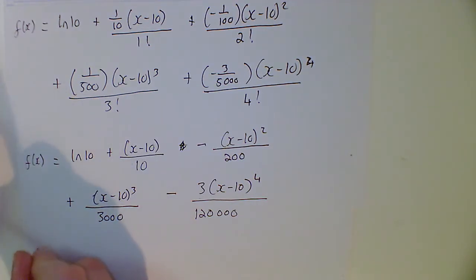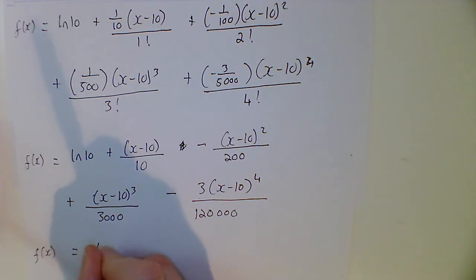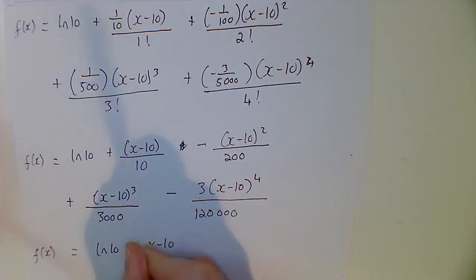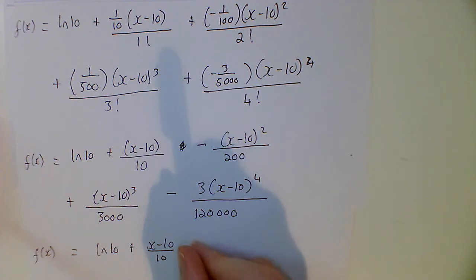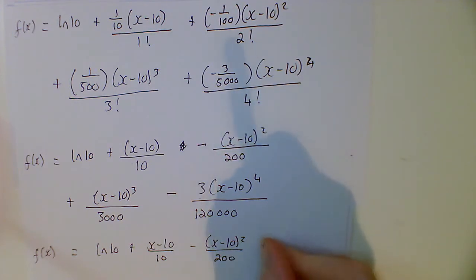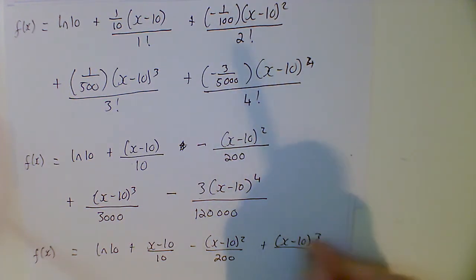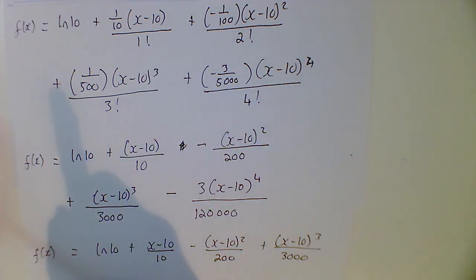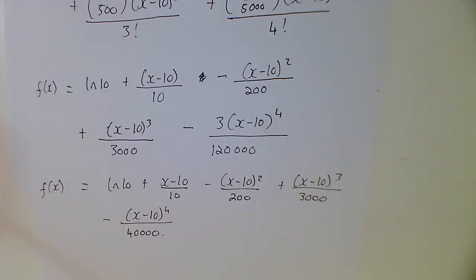And then just check and see if you can simplify those fractions in any way. And there we go. 3 over 120,000 is 1 over 40,000. So that is my Taylor series for that question there.